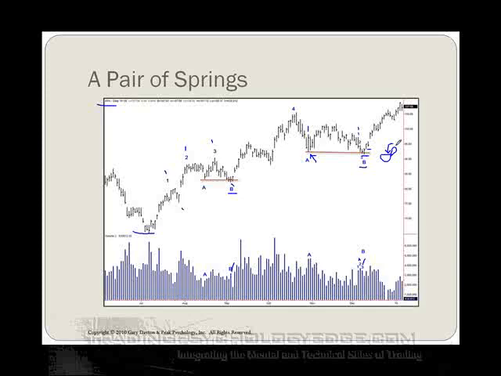So Wyckoff began to piece this information together, like an insider to the overall market through his network of brokers and his own brokerage firm. He would begin to understand what was going on, and then he could piece it together with how the charts looked, and then he wanted to convey that to the public, and that's what we're looking at here, okay?